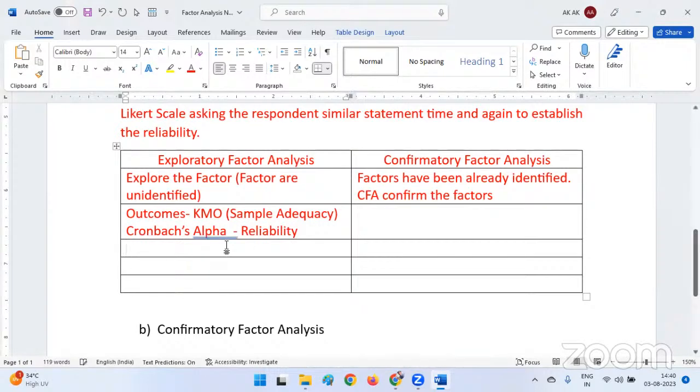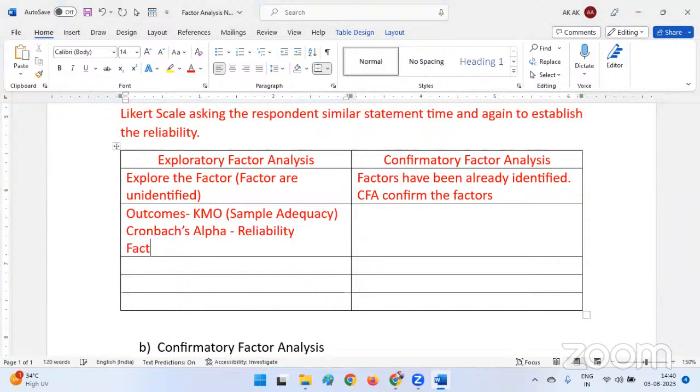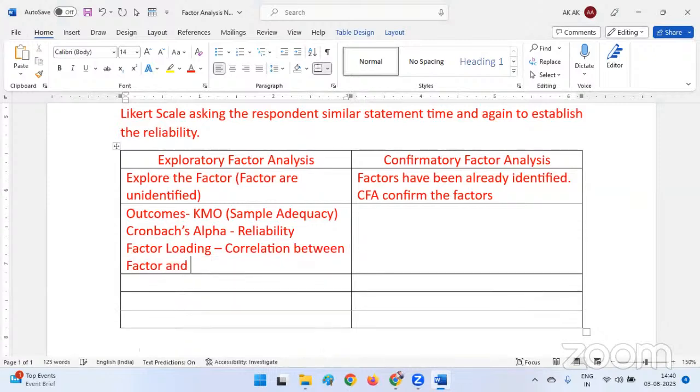Then we receive factor loading. Factor loading means the correlation between factor and statement or item. Factor and item correlation. Now I can even write the values, we will come to them later when we apply it.